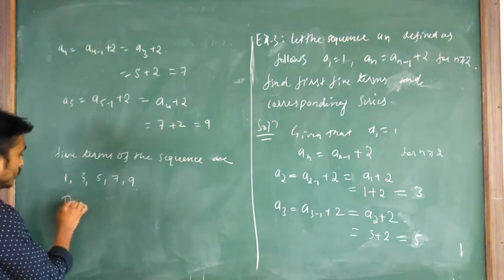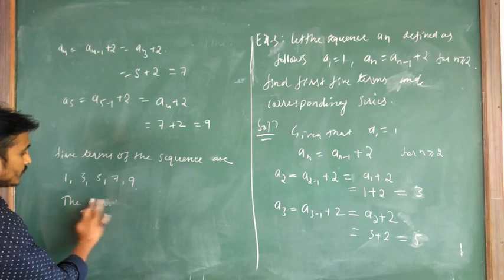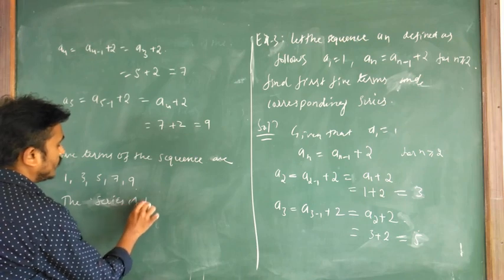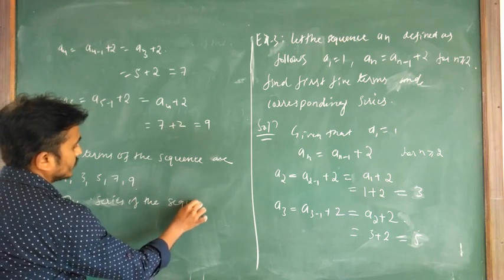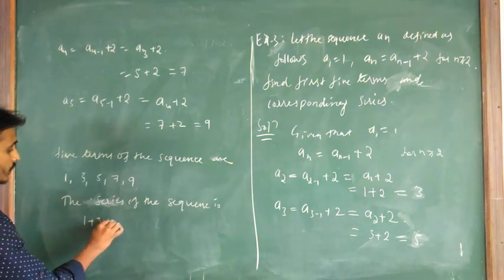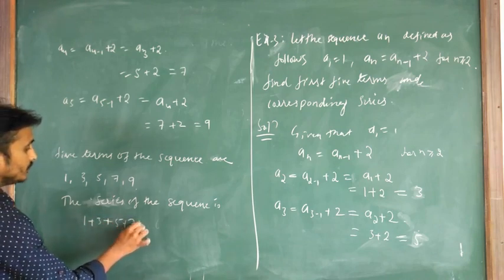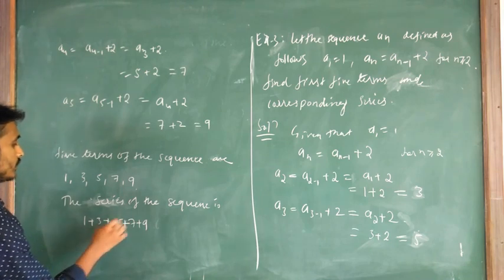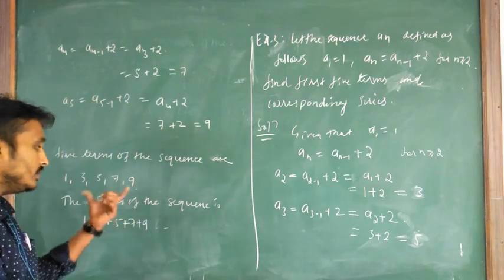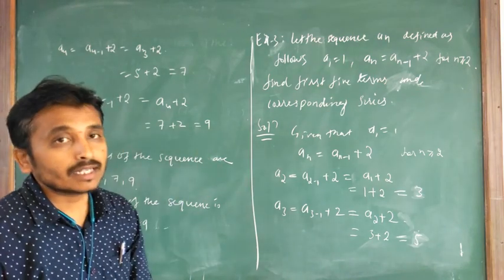So the corresponding series of the sequence is 1 plus 3 plus 5 plus 7 plus 9. This is the solution of the third example.